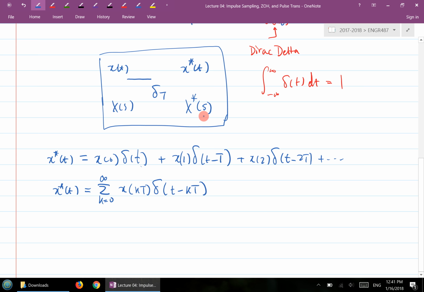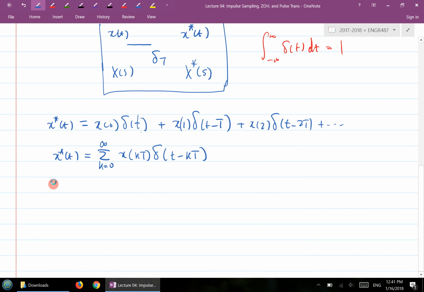Let's try this now. The result I'll call capital X star of s. To apply the Laplace transform, we are applying it to each one of the terms.